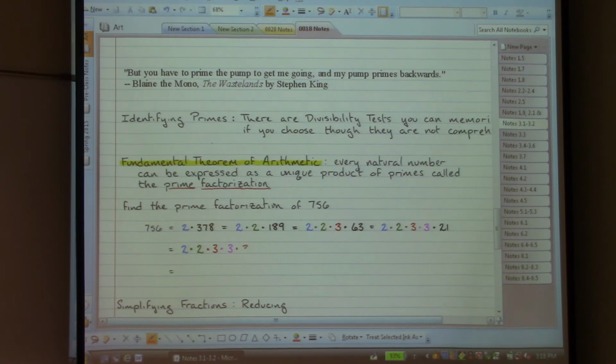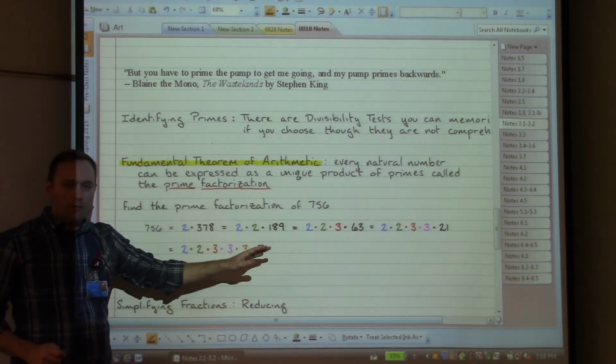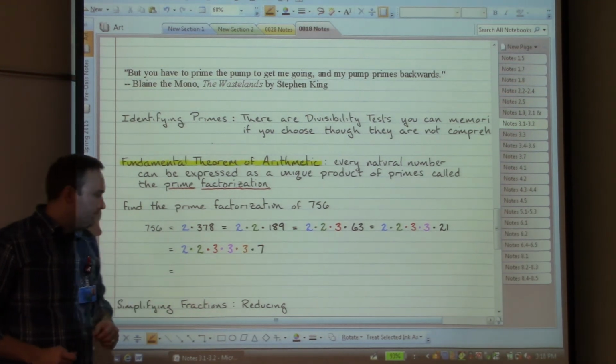We break off one more 3, we'll put that in orange, and then we have a 7. So now we have only prime numbers that are appearing in our big long multiplication problem.